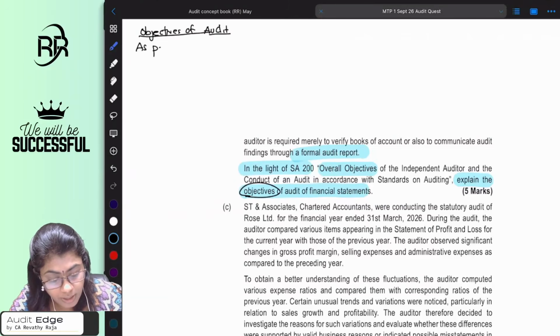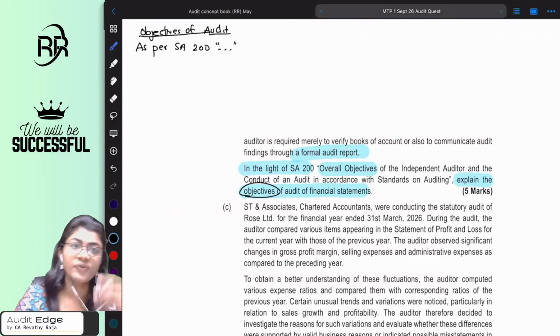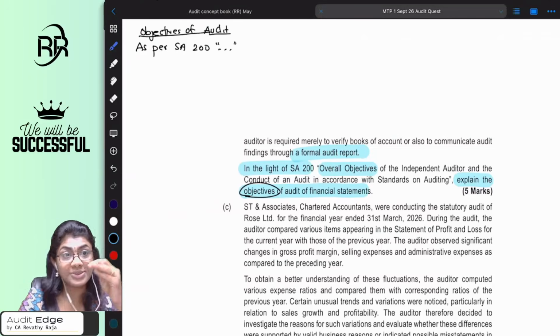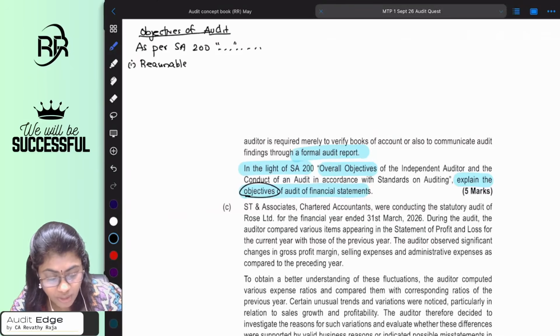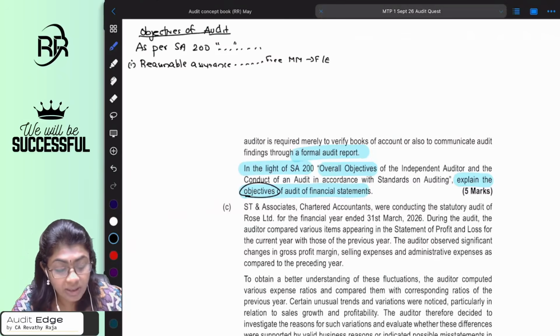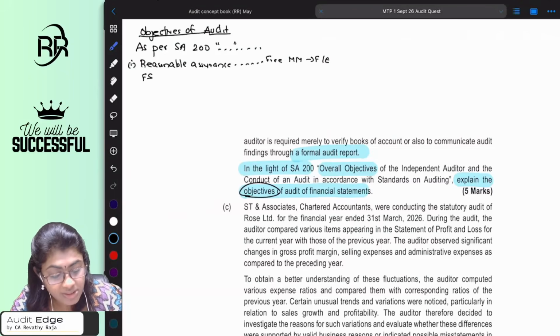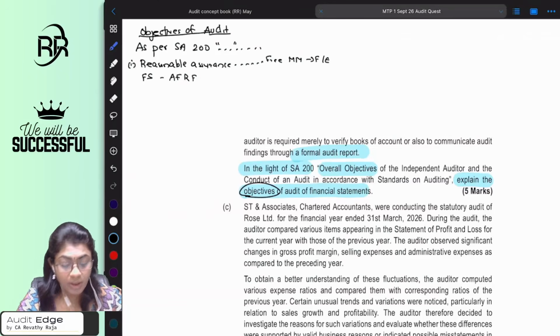Now, as per SA 200, overall objectives of independent auditor and conduct of audit in accordance with standards, the objective of the auditor is, first point, to provide reasonable assurance that financial statements are free of material misstatement, either due to fraud or error, that is, whether financials are prepared in all material respects as per AFRF.